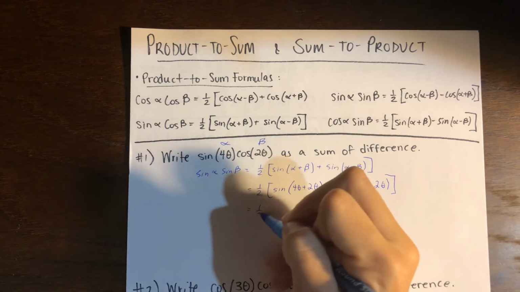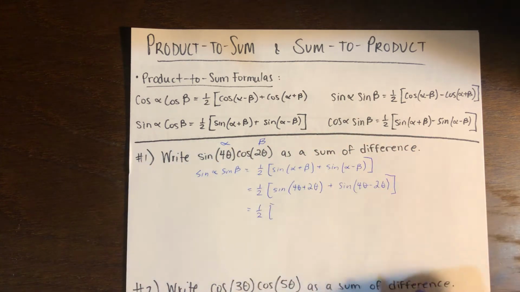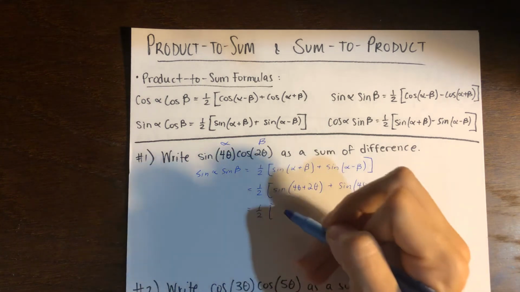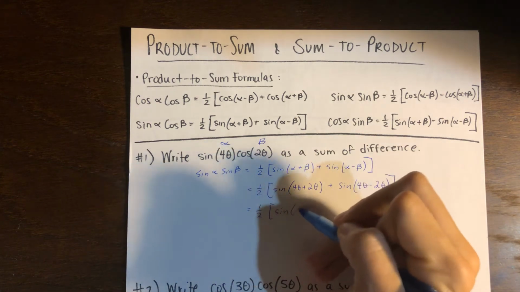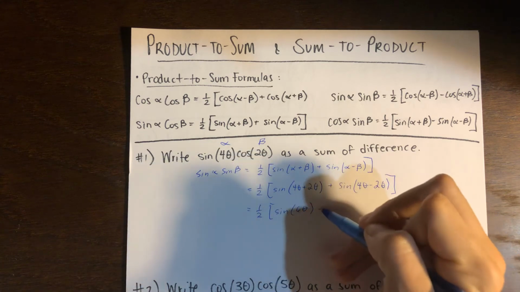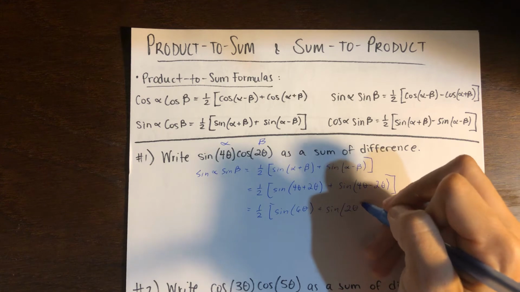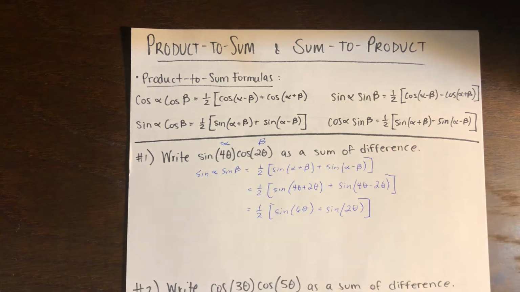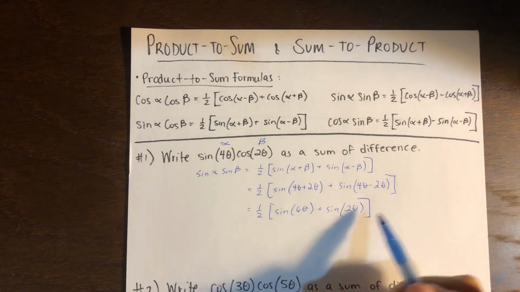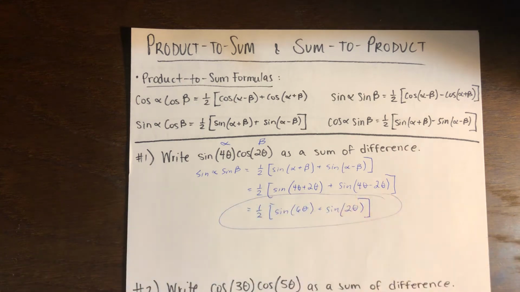So we have a half, and then in here we have sine of 6 theta plus sine of 2 theta. And that's it. This is your answer. It's that simple for this one.